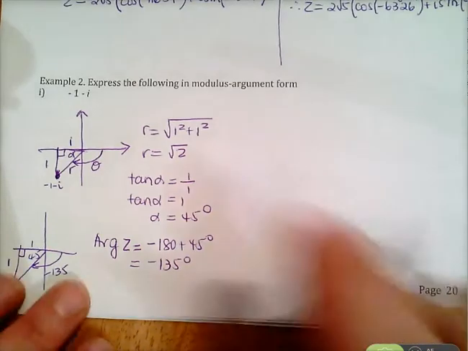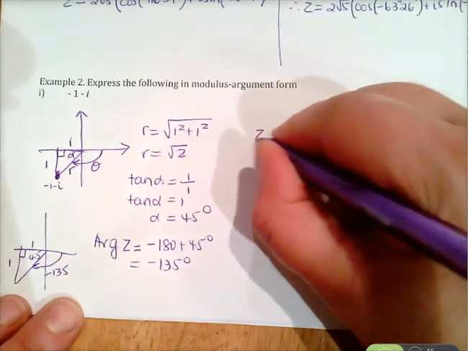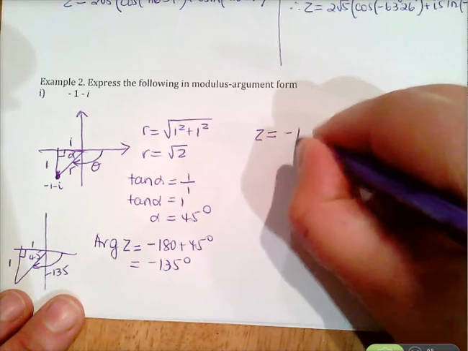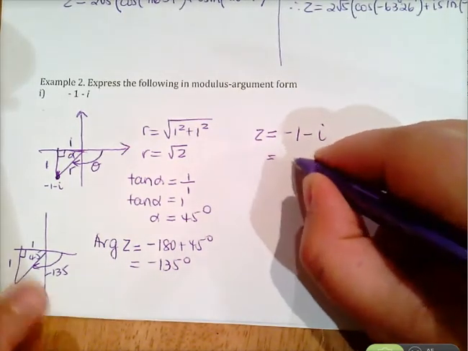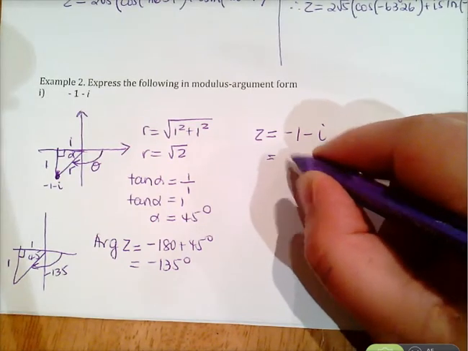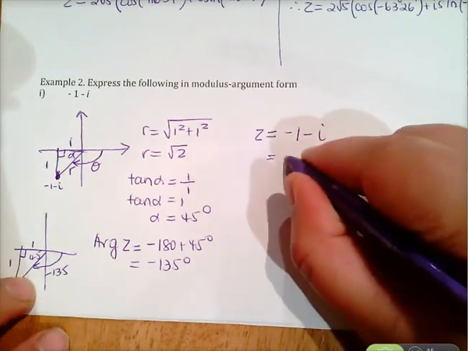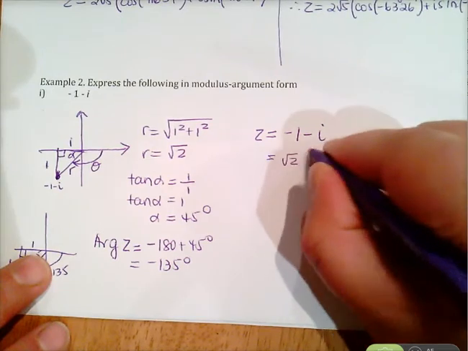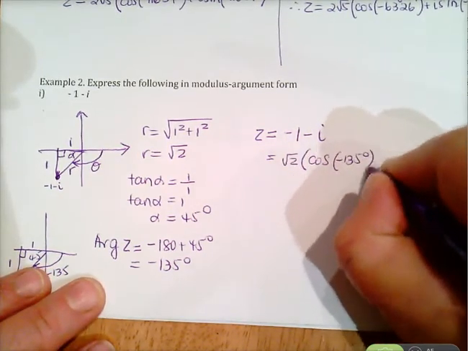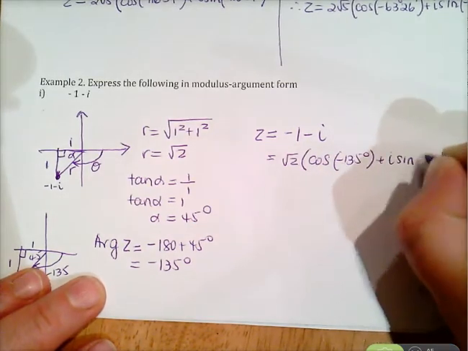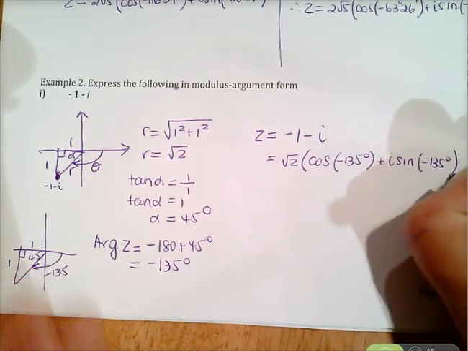Now, therefore, my complex number in Cartesian form, negative 1 minus i, in mod arg or polar form, is r, which is root 2, bracket cos of negative 135 plus i sine negative 135 degrees.